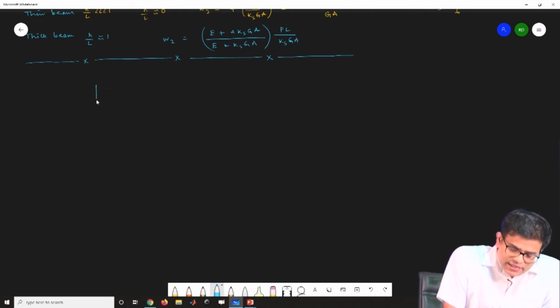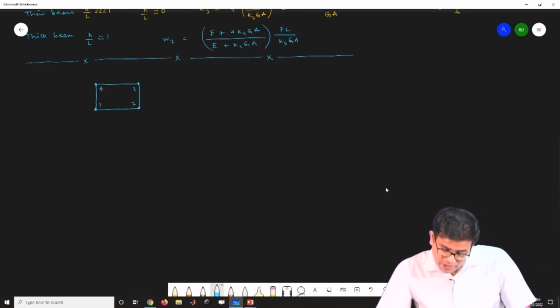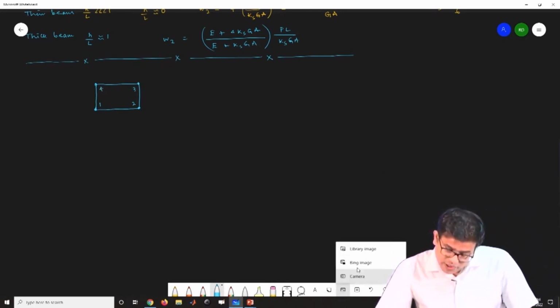So let us consider a simple bilinear element, which is a 4-noded element. We all know what the 4-noded element is. I also have the picture for this. I will insert it. Let me insert that picture, then you will understand properly.